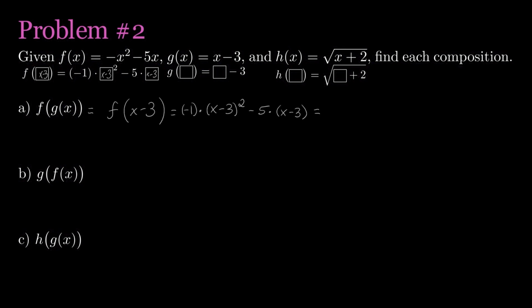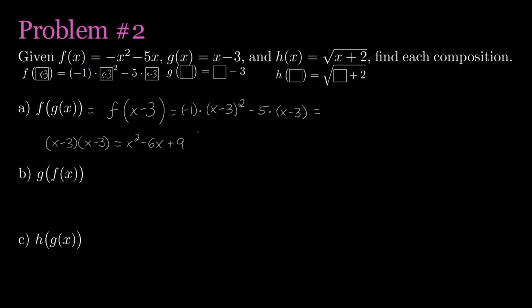So let's start with squaring x minus 3. To remind you, to square means to multiply the base by itself. So here we multiply x minus 3 by itself. We can use foiling for that purpose. We get x squared, then minus 3x minus another 3x, so that's minus 6x, and then plus 9.